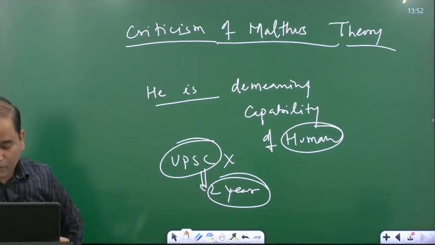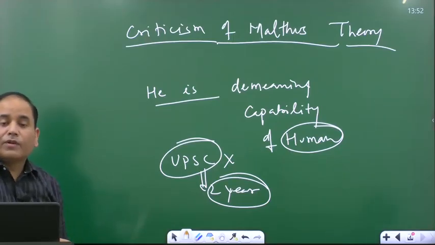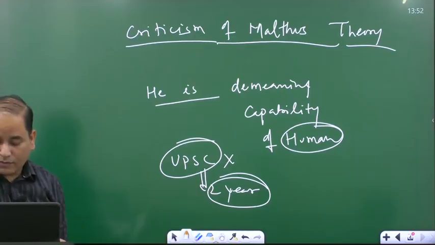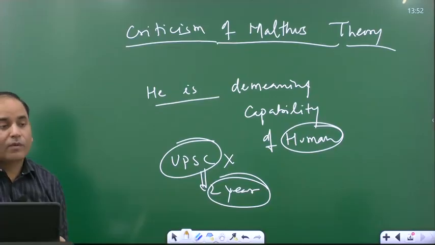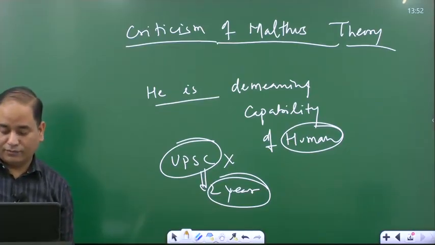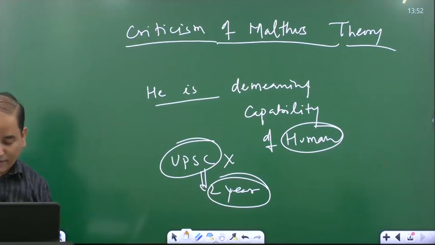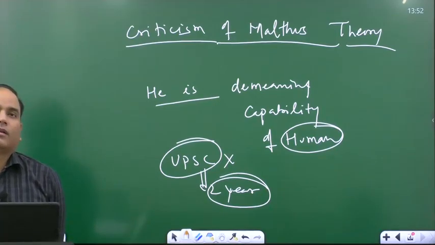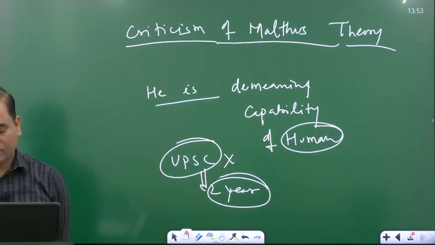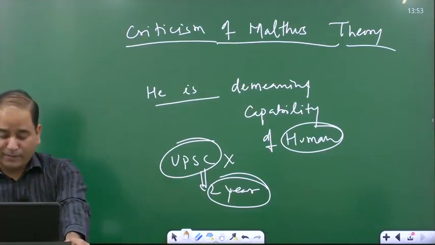Also, next point, the arithmetic growth of food resources and geometrical growth of population have been challenged, as in actual calculation, it has not been seen.